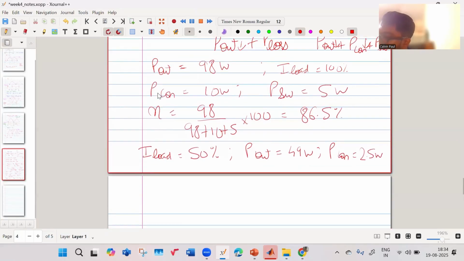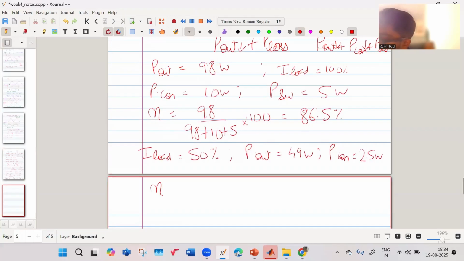So my new efficiency, at light load, it's not exactly light load, it's quite a mid load, is 49 upon 49 plus 2.5 plus 5. So how much is this? Same only.